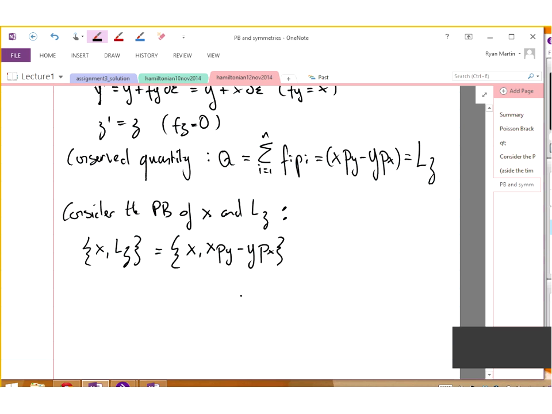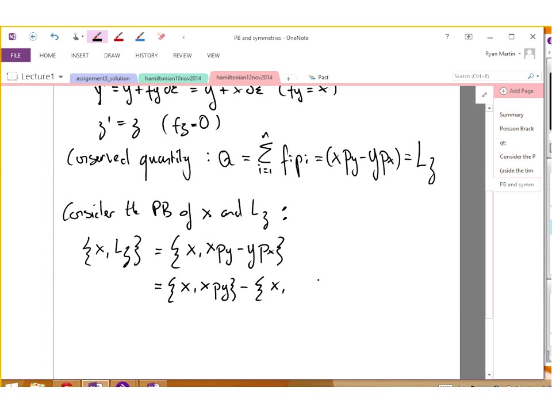If you use the properties of the Poisson bracket, that's x with Py minus the Poisson bracket of x with y times Px. So I use the properties again now for when I have a product.